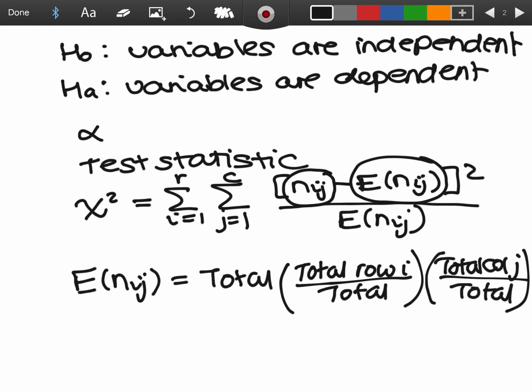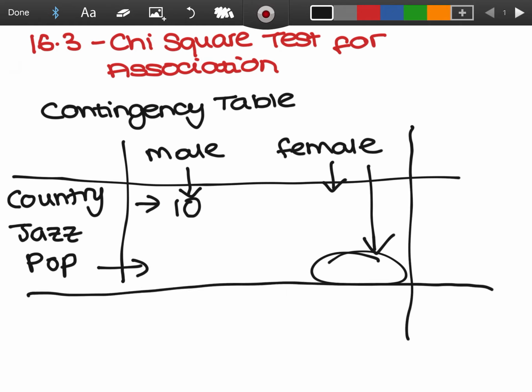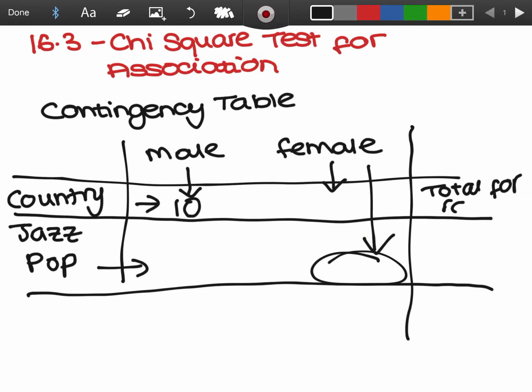So what that tells me, let's go back again. When you did this table, I could add up all the people that fell into this row, and the total for that row i would go here. In this case, it's actually the total for row 1. Then you could do that for every single row. You could add up the total number of people that fell into that row, both male and female.